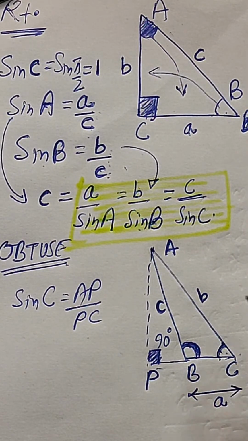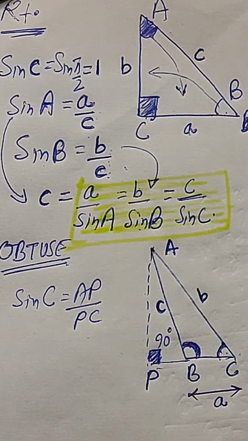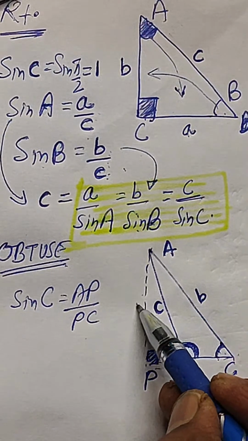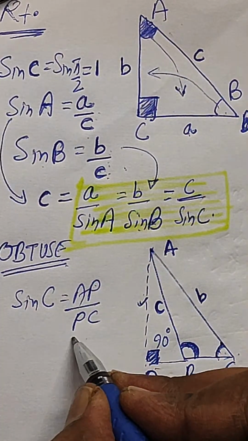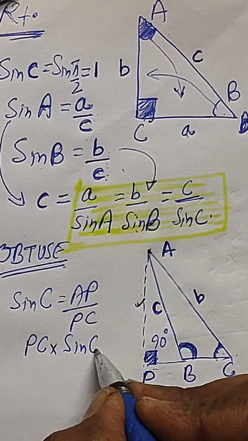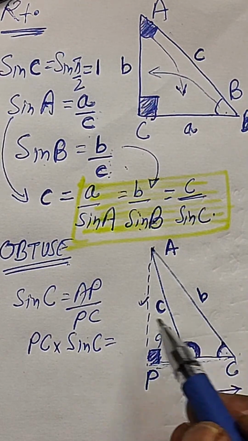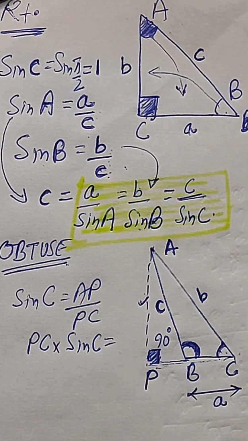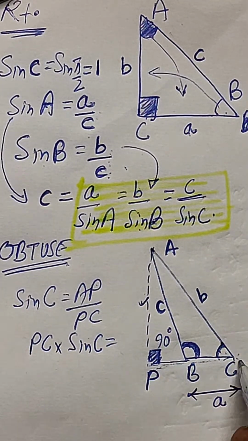I don't think so. So from AP by PC we get the value of sine C. So what will be the value of this AP? AP can be written as PC times sine C.